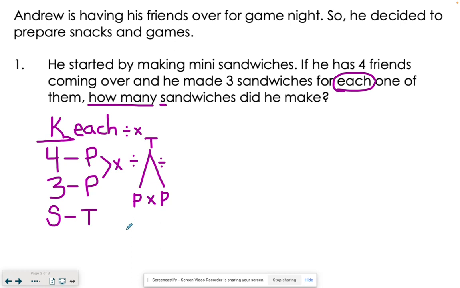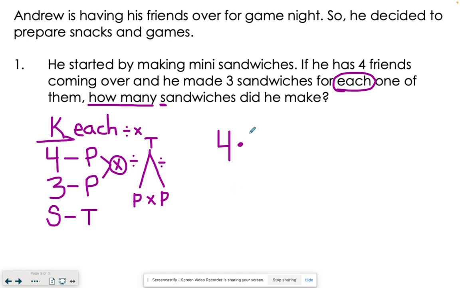So we can start to write our equation. I'm going to start with 4. I am going to actually get away from using the X as the symbol for multiplication because an X really is a variable and we're going to start using more and more variables. So I'm going to use a dot because that means multiplication also.